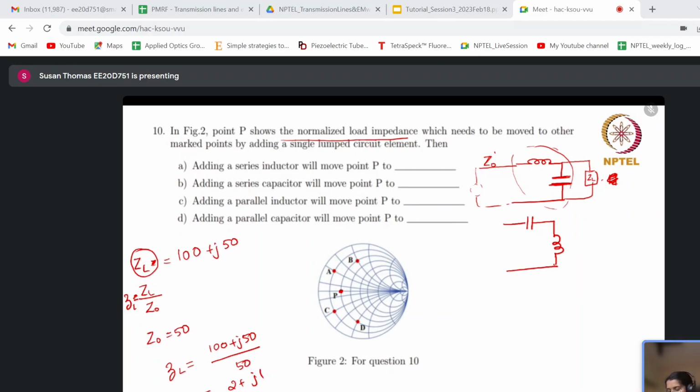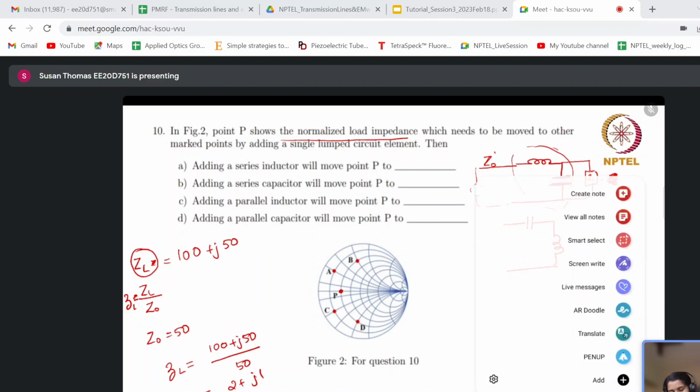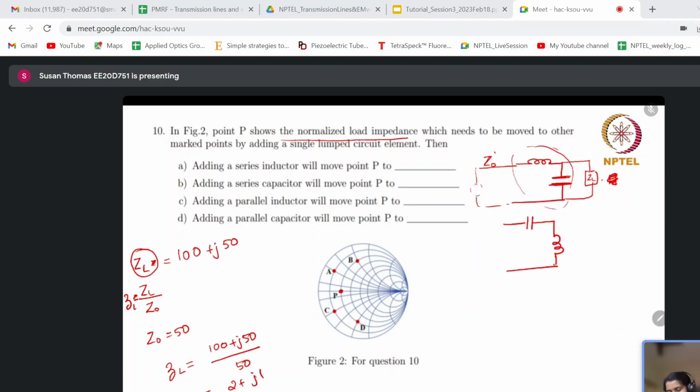So if you have a normalized impedance, okay, let's move on to this question.